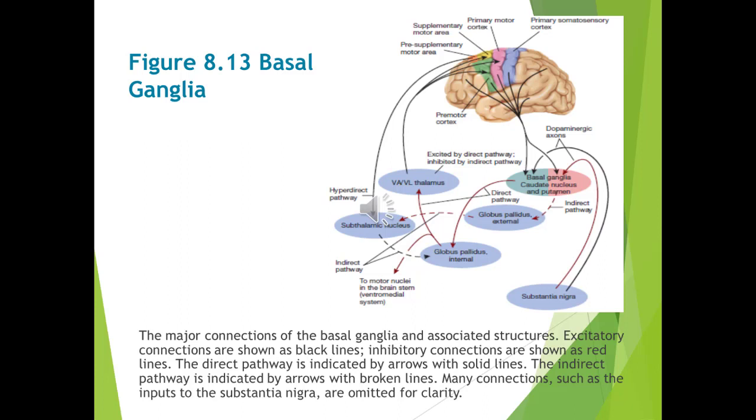The ventral anterior and the ventral lateral nuclei of the thalamus to the supplementary motor area, premotor cortex, and primary motor cortex. And also from the substantia nigra to the basal ganglia, caudate, and putamen. The indirect excitatory pathway is from the subthalamic nucleus to the globus pallidus.